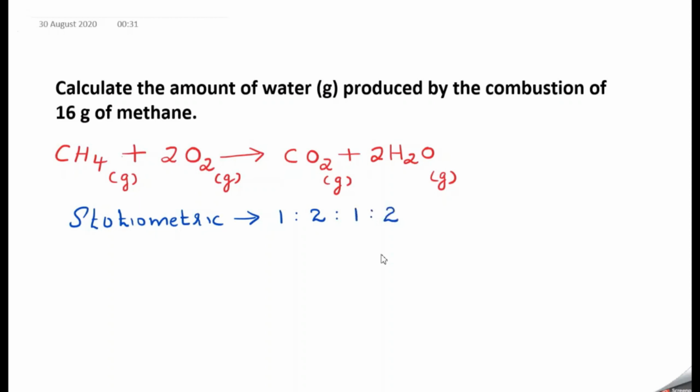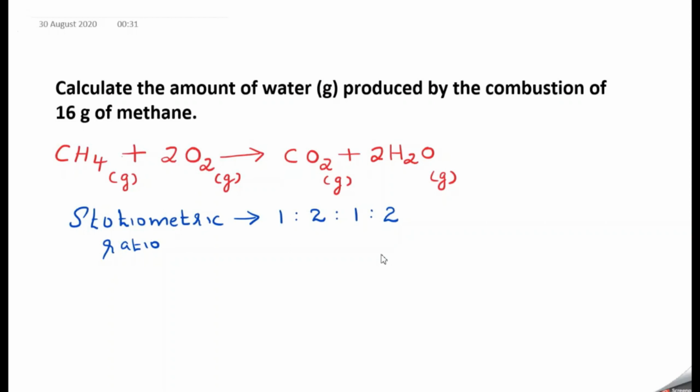How will we write the stoichiometric ratio? Basically, you know that we write the stoichiometric ratio from a balanced chemical equation. Here 1 comes from methane, 2 comes from oxygen, 1 comes from carbon dioxide and 2 comes from water.